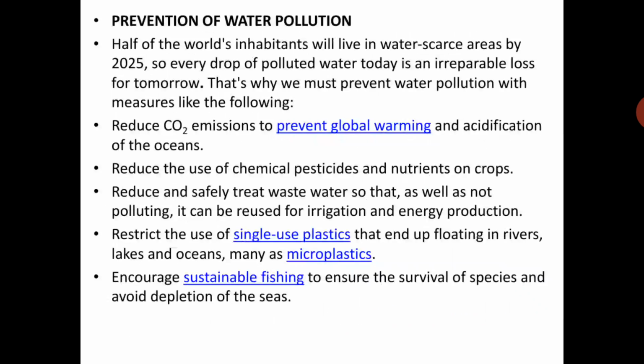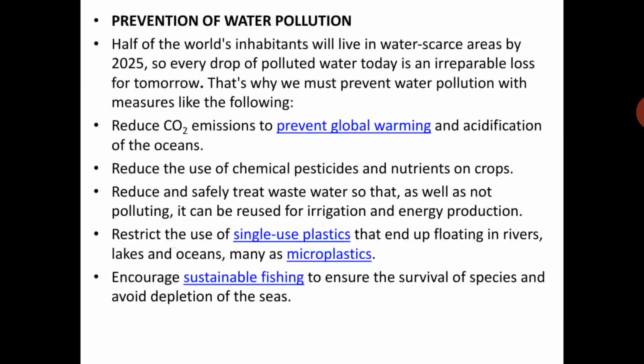Restrict the use of single use plastics that end up floating in rivers, lakes, and oceans, many as microplastics. Encourage sustainable fishing to ensure the survival of species and avoid depletion of the seas.